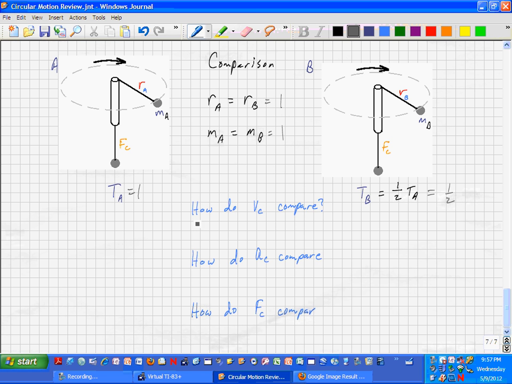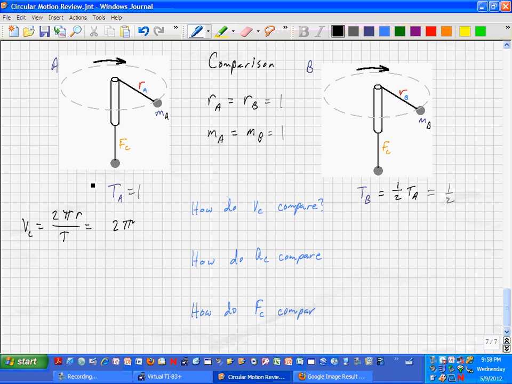So the first comparison we want to do is to see how the velocities compare. Well, velocity, centripetal or circular speed, whatever you want to refer to it as, is equal to 2 pi r over t. So in this case, if r is 1 and t is 1, that means that this is 2 pi, right?